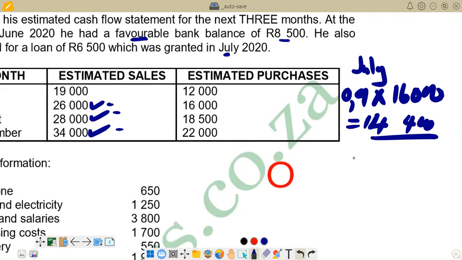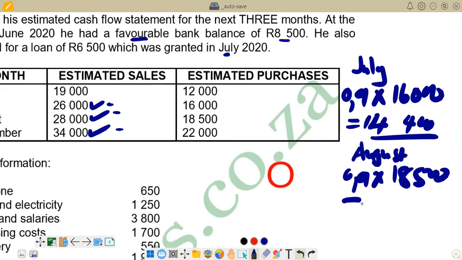Then we go to the next one, which is August. August, remember, total estimated purchases is 18,500. So it says 0.9 times 18,500. Then you get 16,650. Then you go to the last one, which is September.